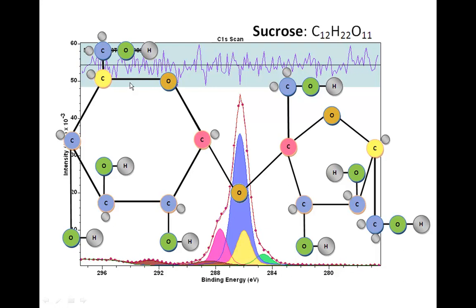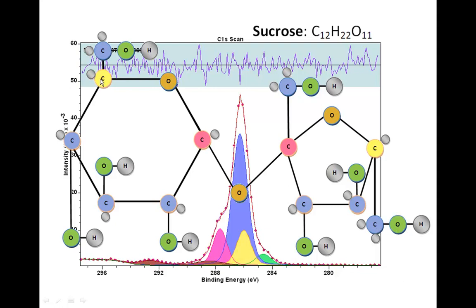So for example here, sucrose, if this is an accurate model of what sucrose ought to look like, and it is representative of the sample that I'm measuring, then I ought to see a set of carbon all with one chemical state, and they're all coloured blue here. They've all got the COH type structure, and so there should be a peak that represents the number of carbon atoms at a binding energy that represents the chemical state for carbon bonded to OH.